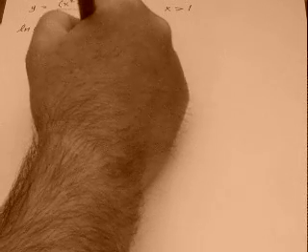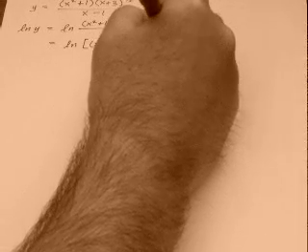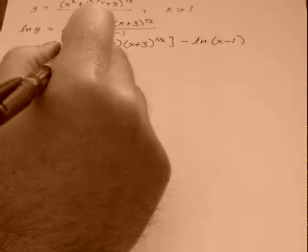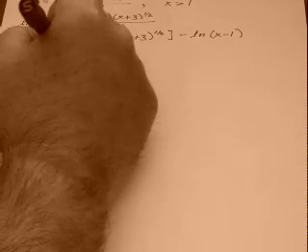So you've got ln of x squared plus 1 times x plus 3 to the 1/2 minus ln of x minus 1. Okay? And now you apply the product property of logarithms here.